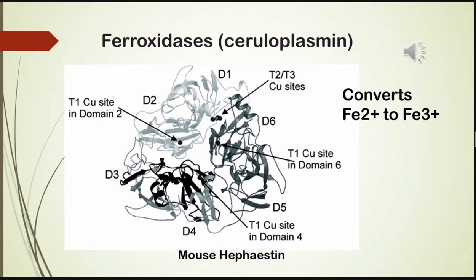This is to ensure that the iron can be transported or stored properly without danger of it having to create reactive oxygen species. Examples of your peroxidases are your ceruloplasmin and your hephaestin.